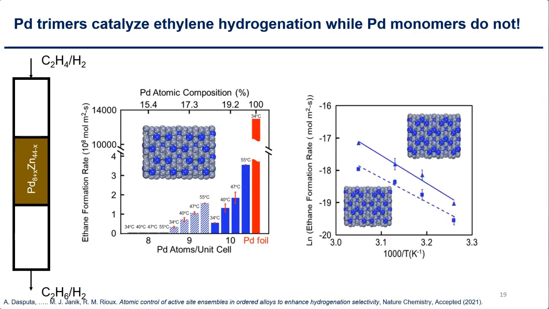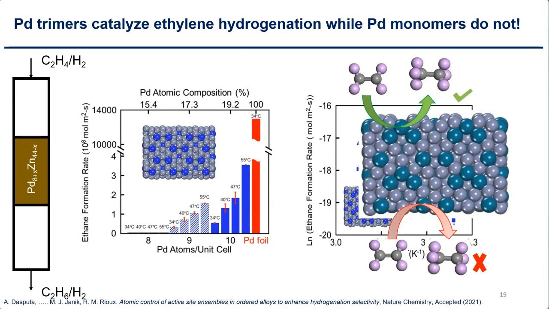A comparison between palladium-9 and palladium-10 here on the right, the top plot being palladium-10 and the bottom plot representing palladium-9, demonstrates that they have similar activation energies, and once again this doubling in activity on a per area basis as we move from palladium-9 to palladium-10. So this experimental data is all consistent with DFT calculations and the proposed doubling of trimers as we move from palladium-9 to palladium-10.